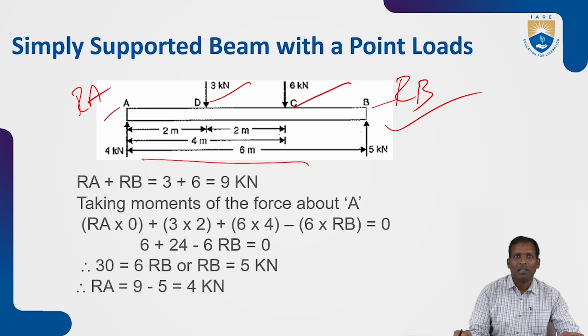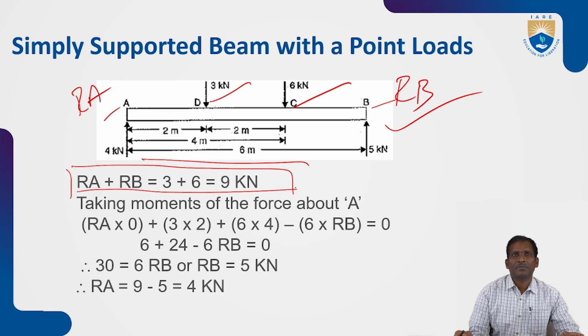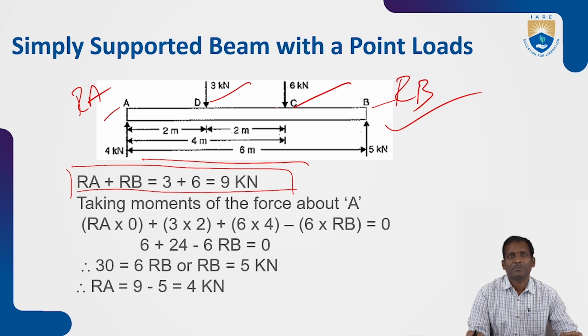The sum of upward forces, RA plus RB, is equal to the downward force, 3 plus 6, that is 9 kilonewtons.